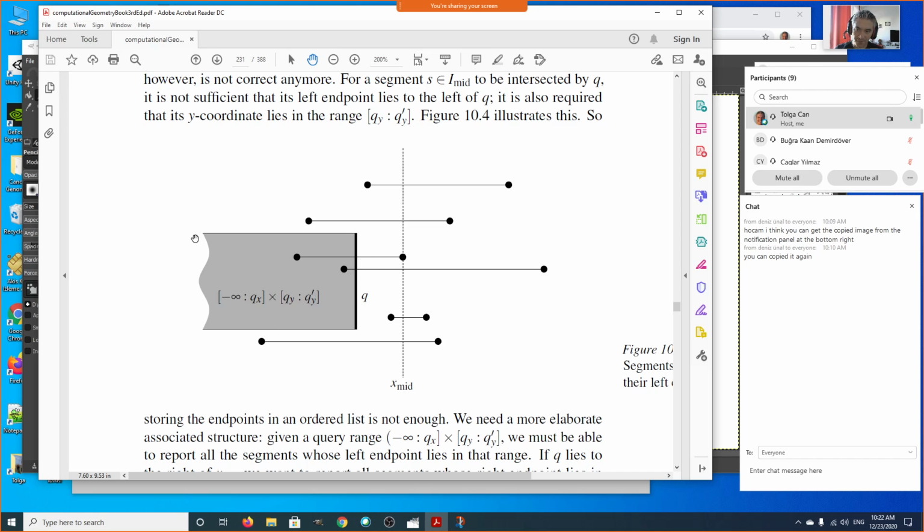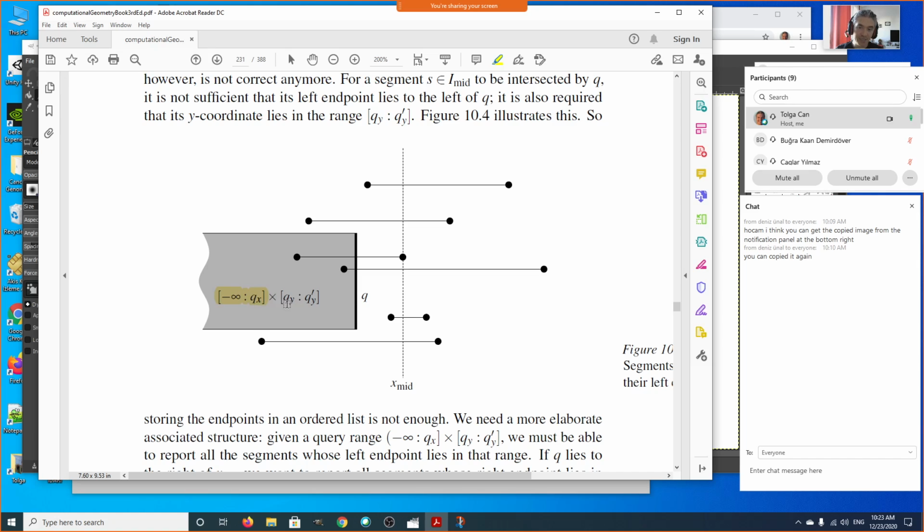So we were looking for a query from -infinity to qx. This was what L left was used for. That associated structure we have for xmid was actually performing this query. All the intervals from -infinity, starting with the smallest left endpoint all the way to qx, we were reporting them one by one. This sorted list was helping us to solve this part of the problem.